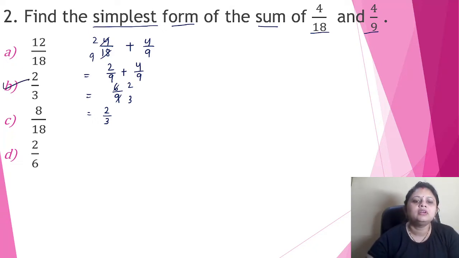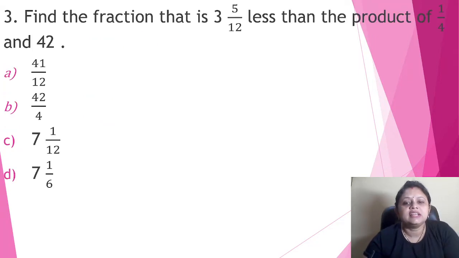Got it everyone? Okay. The next one is: find the fraction that is 3 whole 5 by 12 less than the product of 1 by 4 and 42. Option A 41 by 12, B 42 by 4, C 7 whole 1 by 12, D 7 whole 1 by 6.